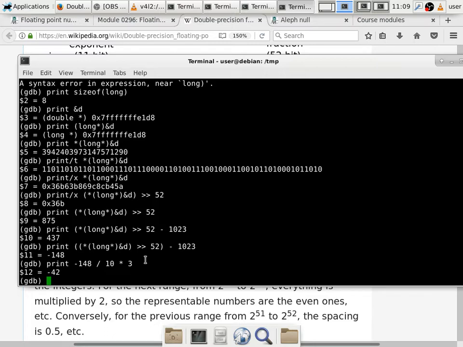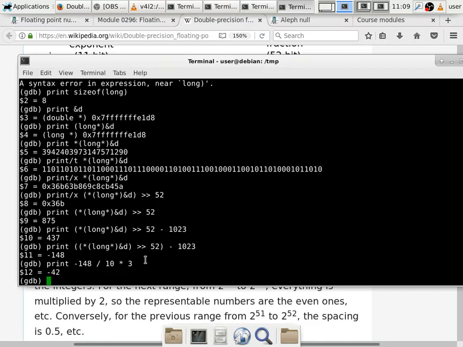2 to the power of 10 is exactly 1024, and I just call that 1000. That's how this math works. So dividing by 10 is so that I can figure out how many 2 to the power of 10s we have in 2 to the power of negative 148.